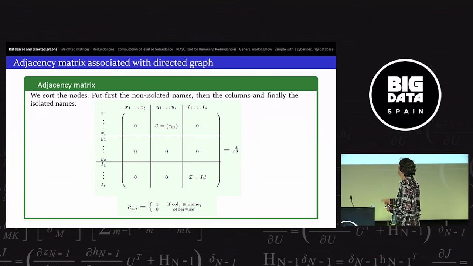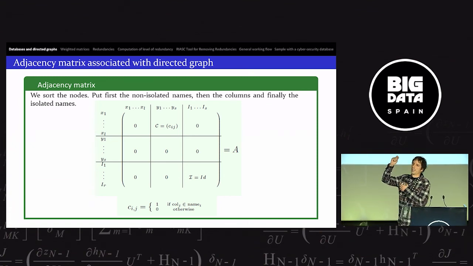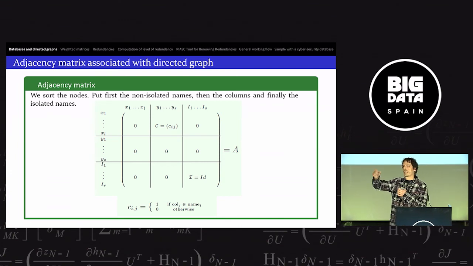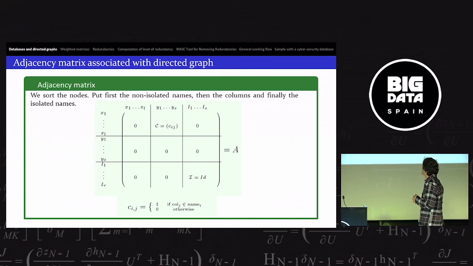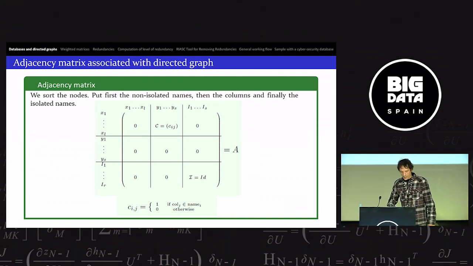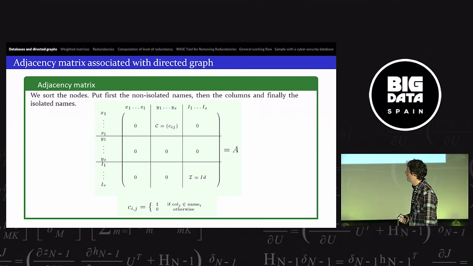We have a 1 if the corresponding column belongs to the table corresponding to the categorical word name, right? And in any other entry, we have zeros, right? Well, this describes completely the graph structure of our database.